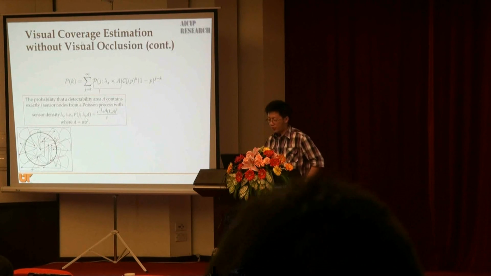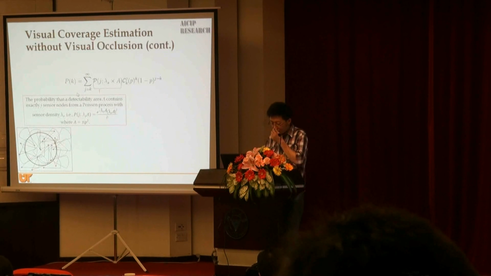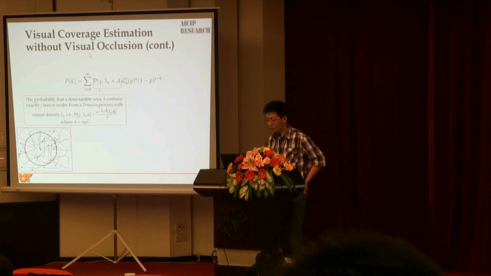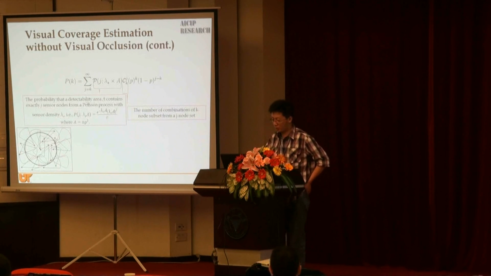The visual coverage estimation without visual occlusion, and the property PK can be computed by this equation. And this is the probability that detectability area A contains exactly J sensor nodes from a Poisson process.